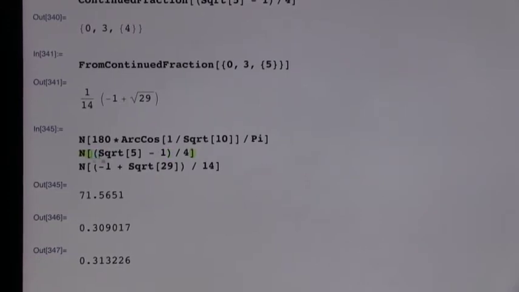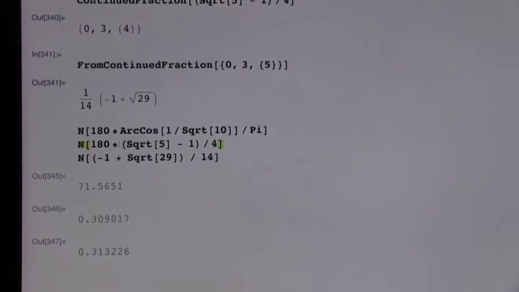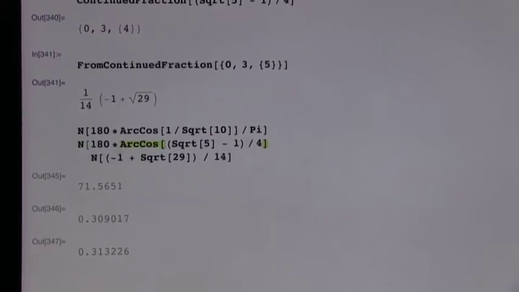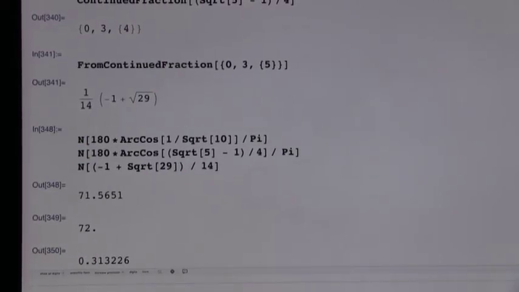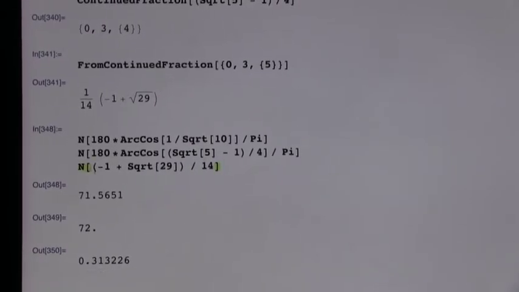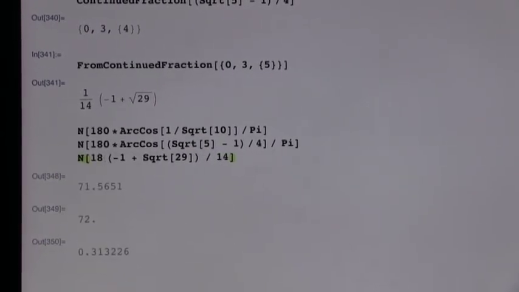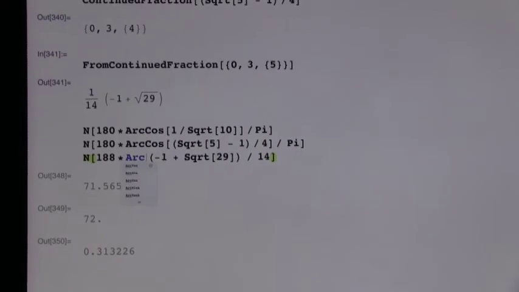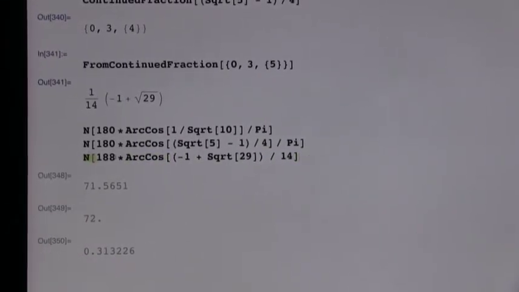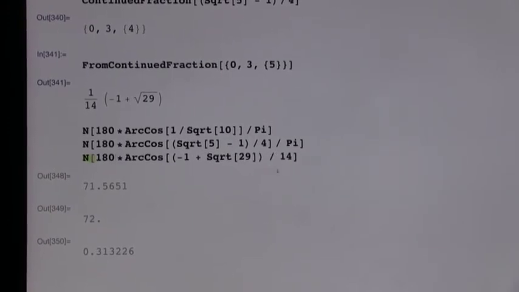Now I'll do the same thing here: 180 times arc cosine of square root of 5 minus 1 over 4, divided by pi. Make sure I didn't mess up. So 72 exactly, because we knew that was exactly cosine of 72. And this other one is 180 times arc cosine, it's 180, not 18, thanks for catching that, divided by pi.